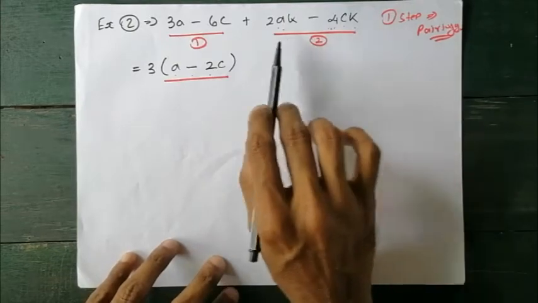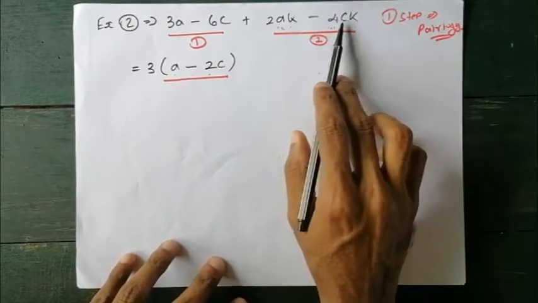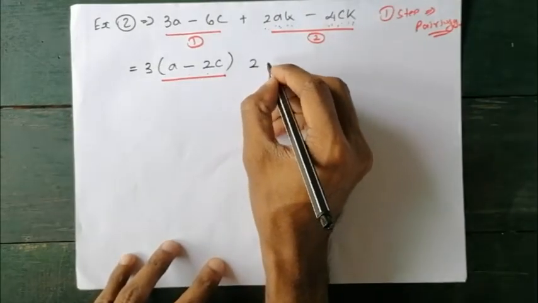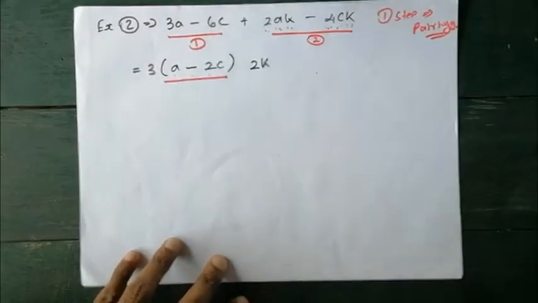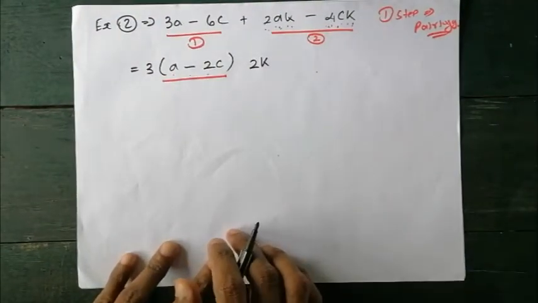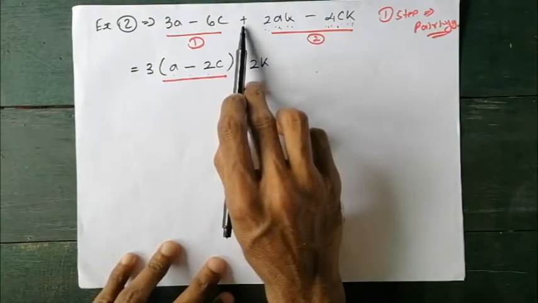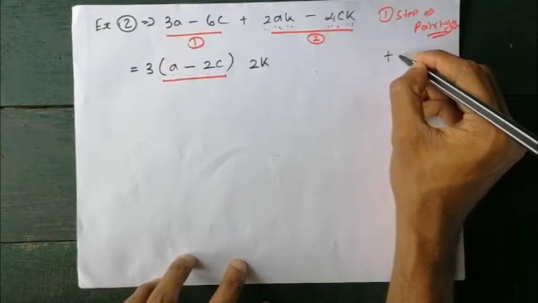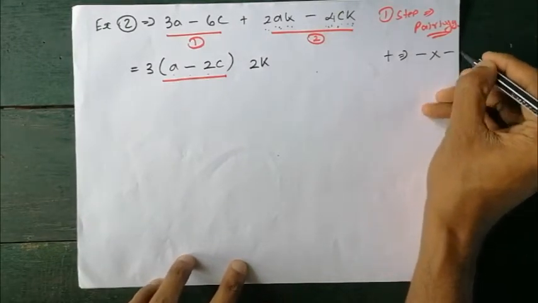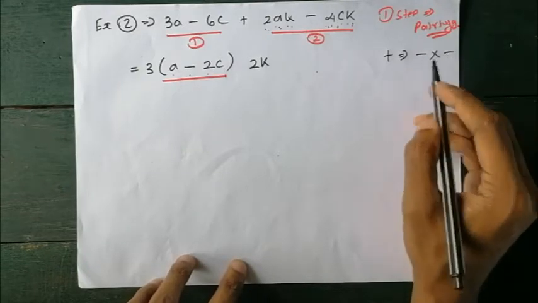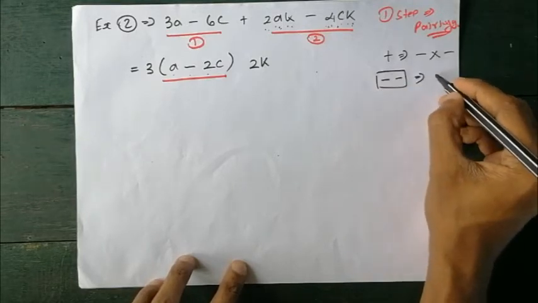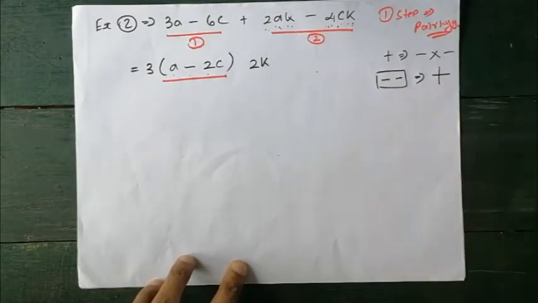So which is common? 2ak, 4ck. So k is common and 2 is common. So we take out 2k. We are just taking out 2k. Okay, so if you take the sign, plus means it consists of 2 minuses, because minus into minus is plus. So instead of writing 2 minuses like this, the symbol came from 1 minus here and 1 minus vertically, 1 minus horizontally.